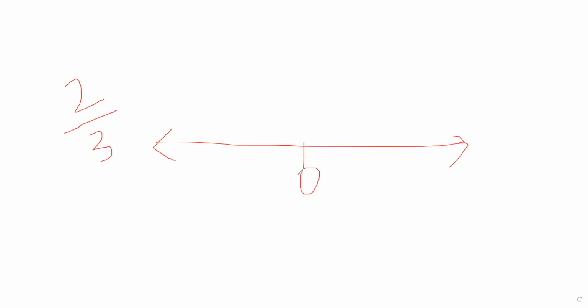Now, is it visible, students? We have to represent 2 by 3, which is a rational number, on the number line. That means this is the two side arrows and the middle will be 0, and 2 by 3 lies between 0 and 1, because 2 by 3 is greater than 0 and less than 1.